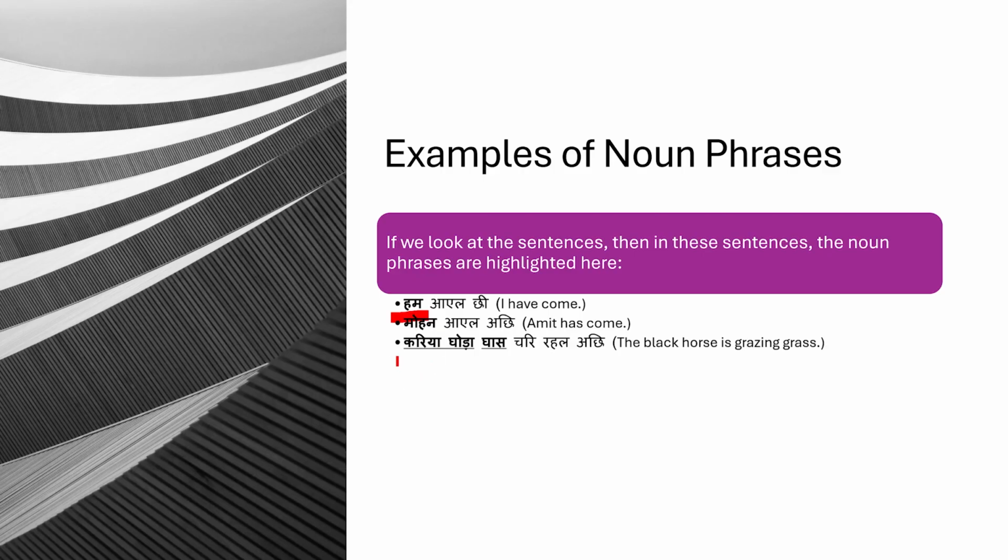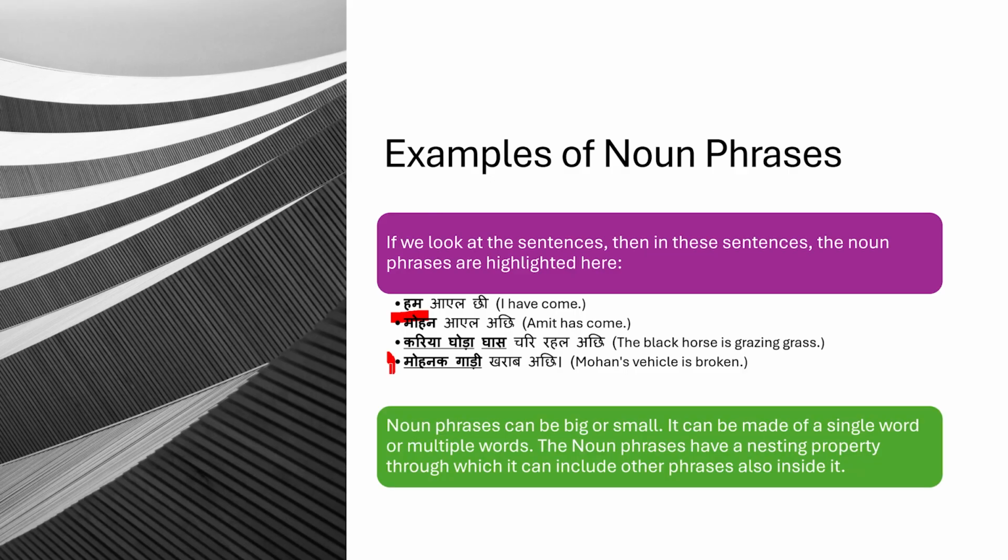In the sentence Kariya Ghora Ghas Chari Rahal H, that means the black horse is grazing the grass, the phrase Kariya Ghora is one noun phrase and Ghas is the other noun phrase. So, Kariya Ghora is the subject and Ghas is the object. Then, in the sentence Mohanak Gari Kharab H, Mohanak Gari is the noun phrase.